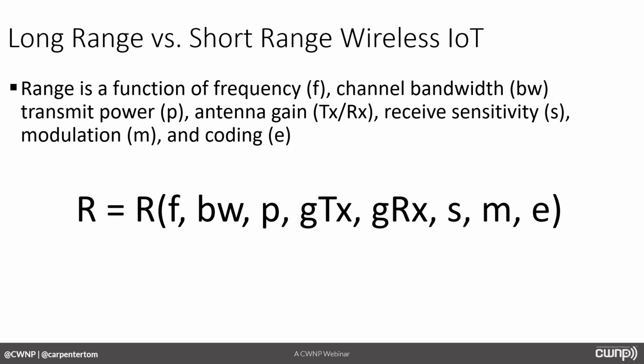So what's the difference? What makes a long range versus a short range protocol? Well, range is a function of several things: the frequency used, channel bandwidth, transmit power, antenna gain at both the transmitter and the receiver, receive sensitivity at the receiver, modulation, coding. All of these things impact the range, the distance at which we can receive and properly process a signal.